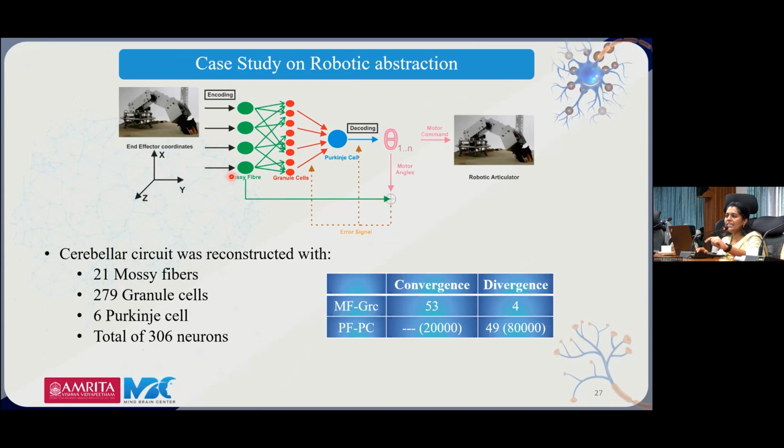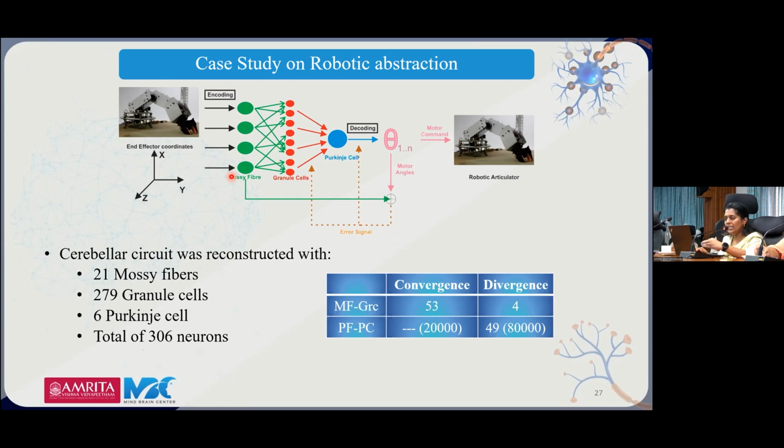The case study involved around 21 mossy fibers, 279 granule cells, 6 Purkinje cells, totaling 306 neurons. This was not just a classification method, it was a prediction for the trajectories also. One of the other main objectives was that we wanted a generalized algorithm which could do multiple independent tasks, of different mathematical formulations.